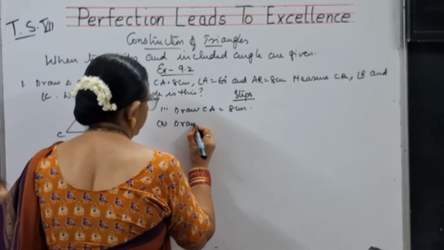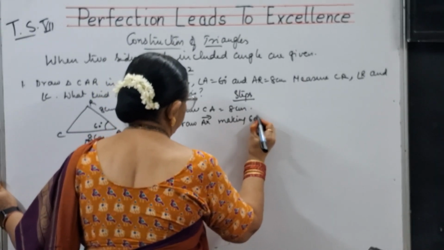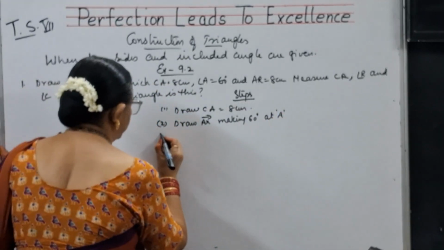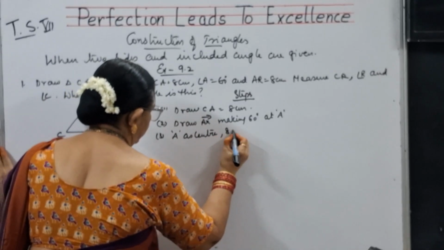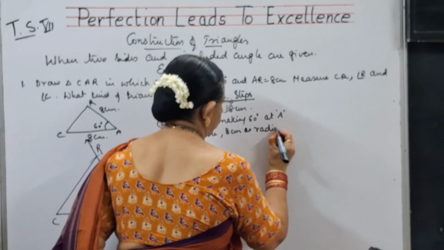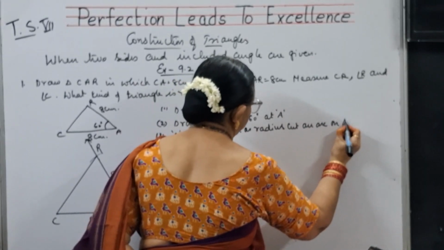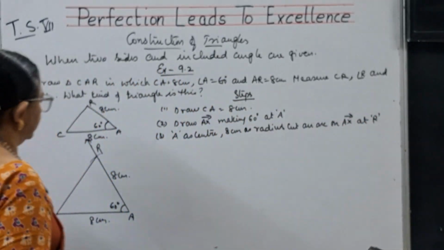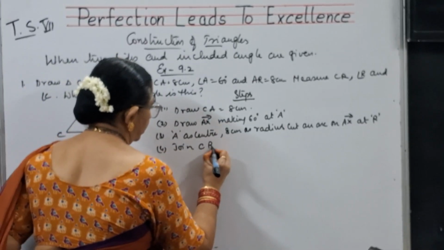Second one, draw AX ray making 60 degrees at A. Third one, with A as center and 8 centimeters as radius, cut an arc on AX ray at R. And fourth, join CR.